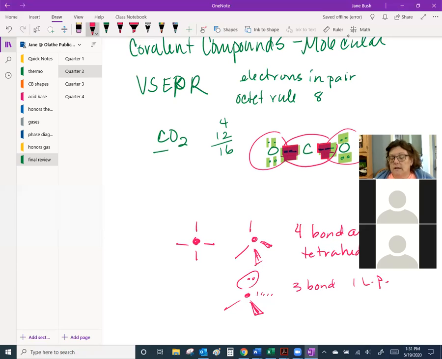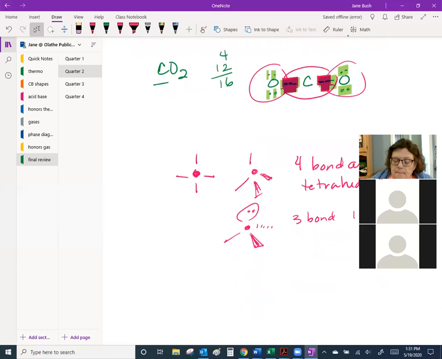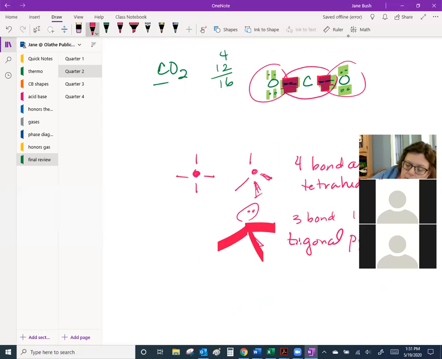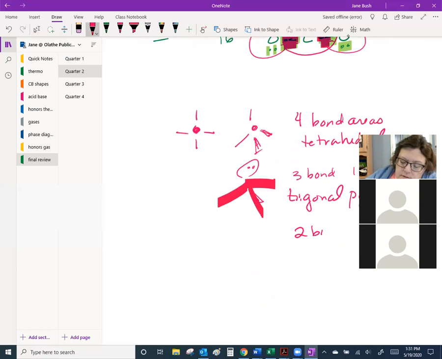So this is still tetrahedral for the electrons. The electrons follow that tetrahedral, but the name of the molecule just incorporates this part, and that guy is trigonal pyramidal. All right. If you have 2 bonds and 2 lone pairs, again, we have 4 total places the electrons can be. So we still have this tetrahedral shape, but now we have what we call a bent molecule.